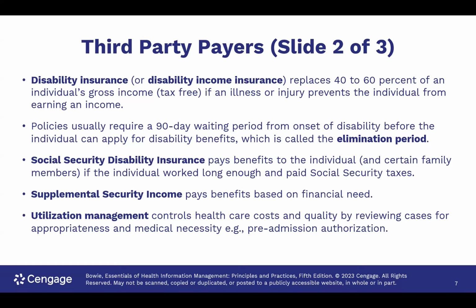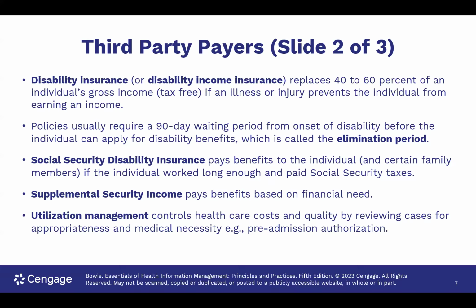Social Security disability insurance pays benefits to an individual and, under certain circumstances, family members if the individual's worked long enough and paid into Social Security. Supplemental Social Security pays additional benefits based on financial need.